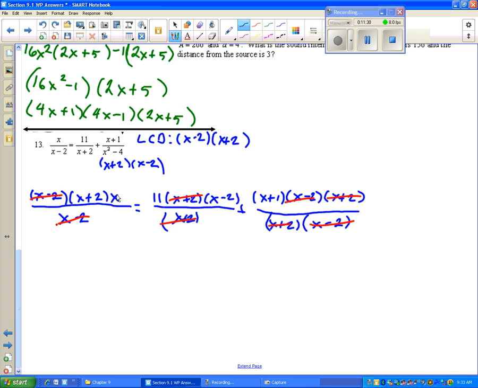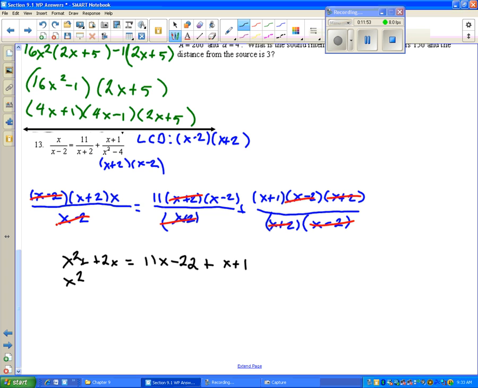Distribute the x. X times x is x squared plus x times 2 is 2x is equal to 11 times x minus 2. Distribute the 11. 11 times x minus 11 times 2 plus all I'm left here with is x plus 1.